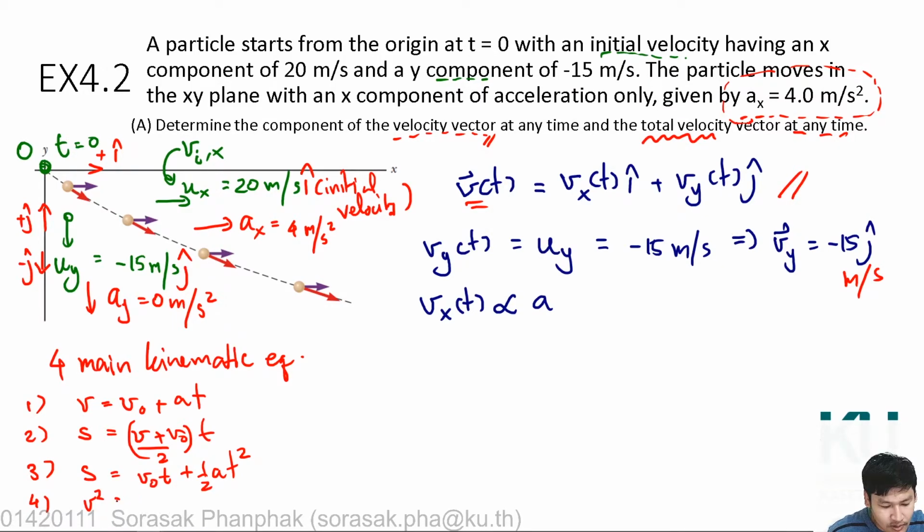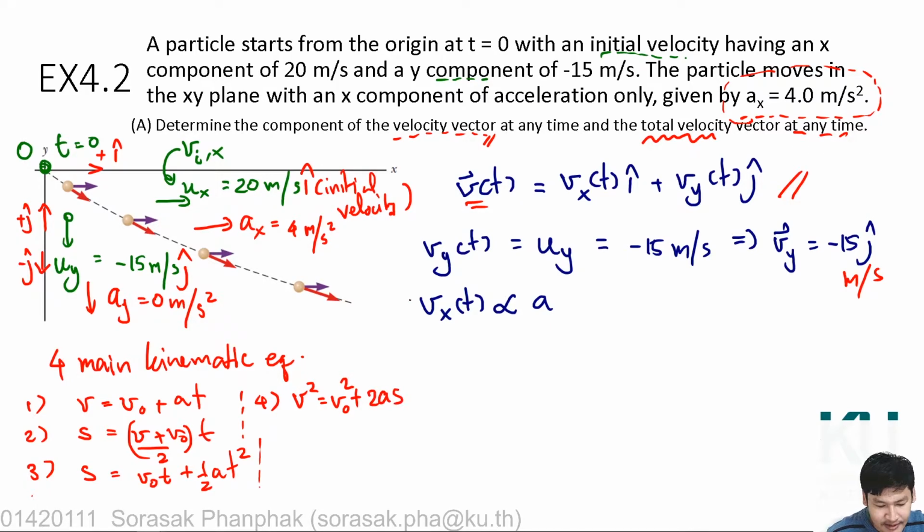And the fourth one is v square equal to, I will write it on the above part because it's at the bottom of this PowerPoint and it can get worse if I'm touching all these panels. v square equal to u square plus 2as, where u is like v0 in this case.